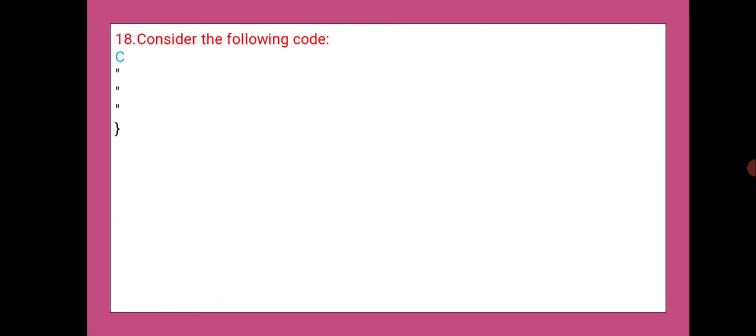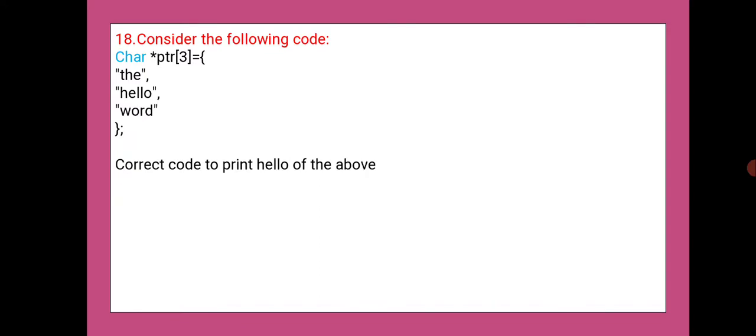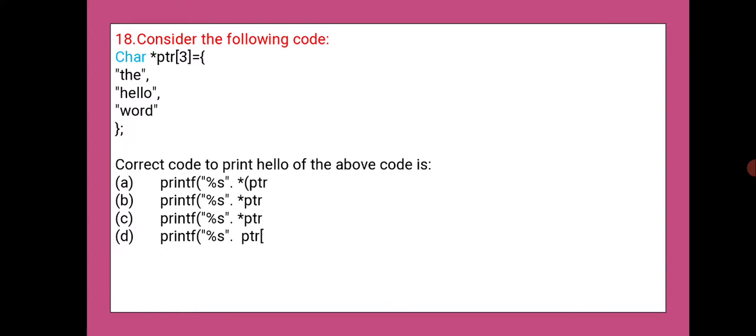So consider the following code. A char pointer ptr equals to, we have strings the, hello, and world. So what is the correct code to print hello of the above? I'll give you choices. printf %s, pointer, within the brackets ptr plus 1. So just look at this: pointer ptr of 0, or pointer ptr of 1.